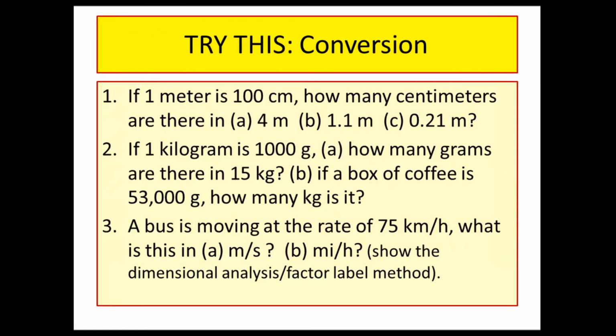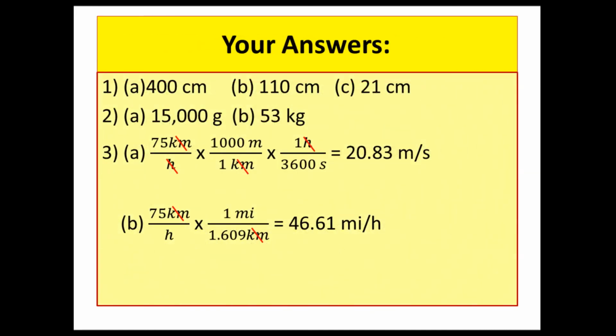Now try this. You can pause the video and try this simple conversion using factor label method. You can pause the video and then compare your answer to this one, answers for questions 1, 2, and 3.